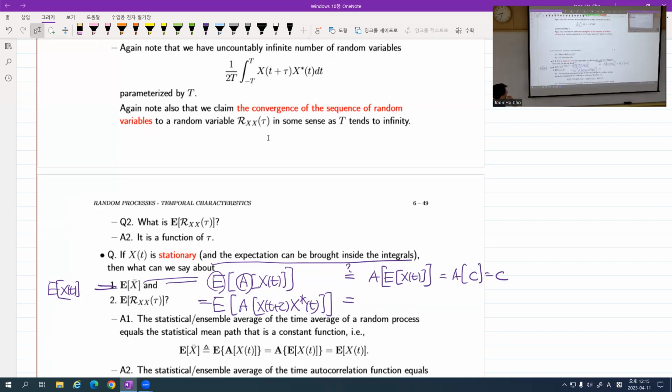Yeah, something's definitely wrong. Okay, got it. I'd better fix it later. Anyway, we will see something like this: time average replacing statistical average.